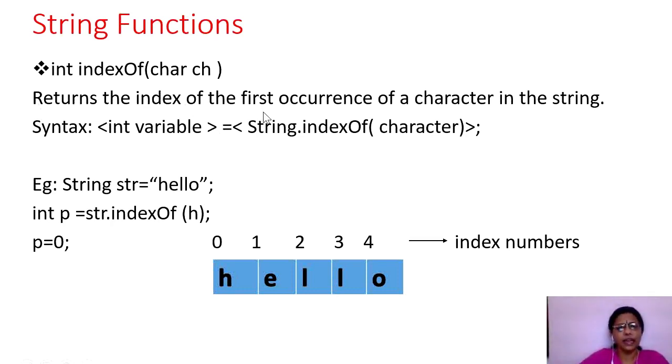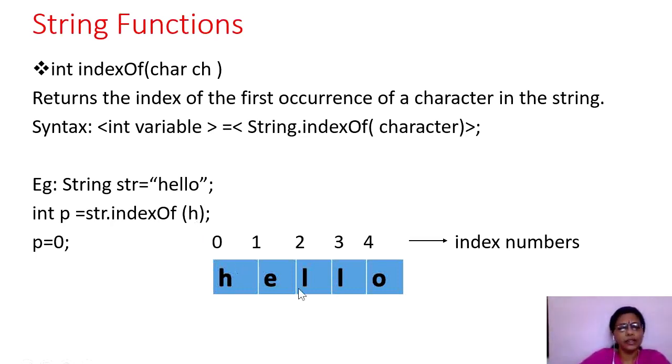So now we go back to the definition of the function. Returns the index of the first occurrence of a character in the string. So here I have only one h in my string. So wherever h is seen first, that will be returned. Now if instead of giving h, I give L, what will happen?